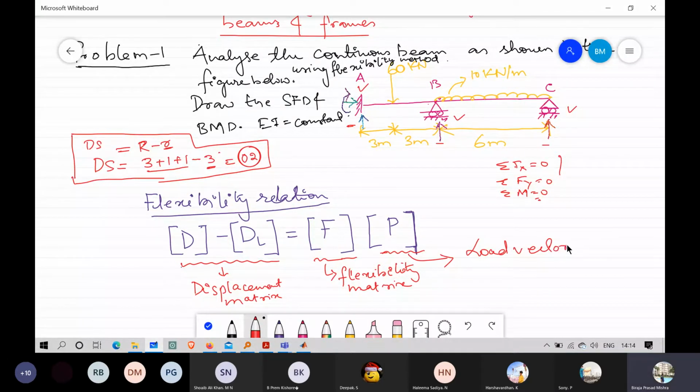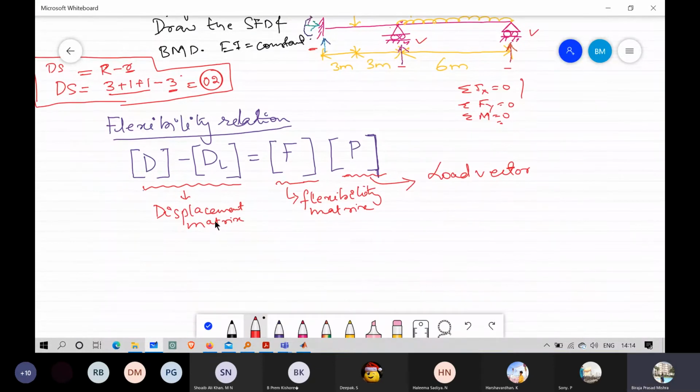In the flexibility method, this load vector is also called the force matrix.